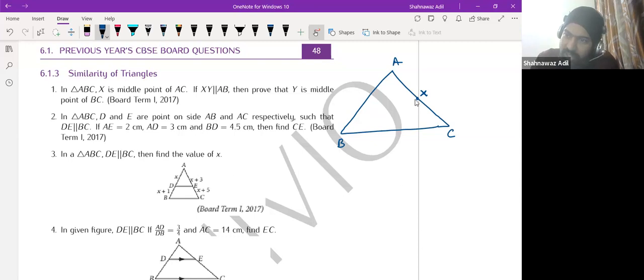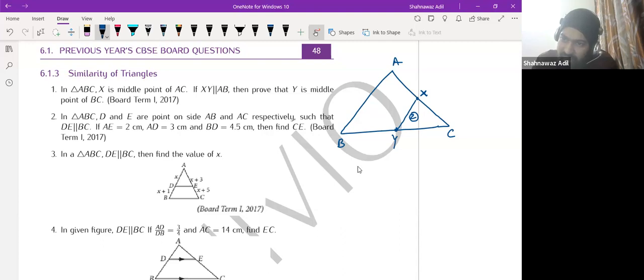So which would be this line? This line or this line? Let's say this is line one, this is line two. So which is the correct line, one or two? Two, right? So XY is parallel to AB, we have to draw the parallel. Then prove that Y is the middle point of BC. So we have to prove that Y is the middle point of BC.